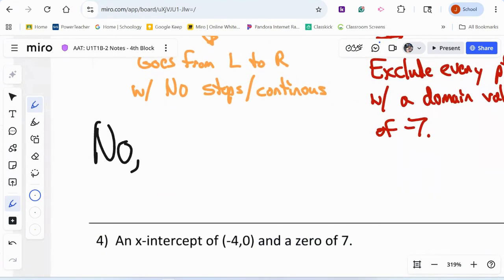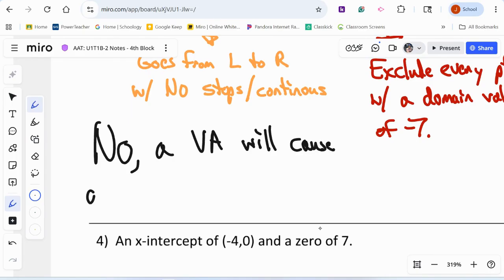And the reason it's not possible is we should know a vertical asymptote will cause a gap, a discontinuity, again, close enough.